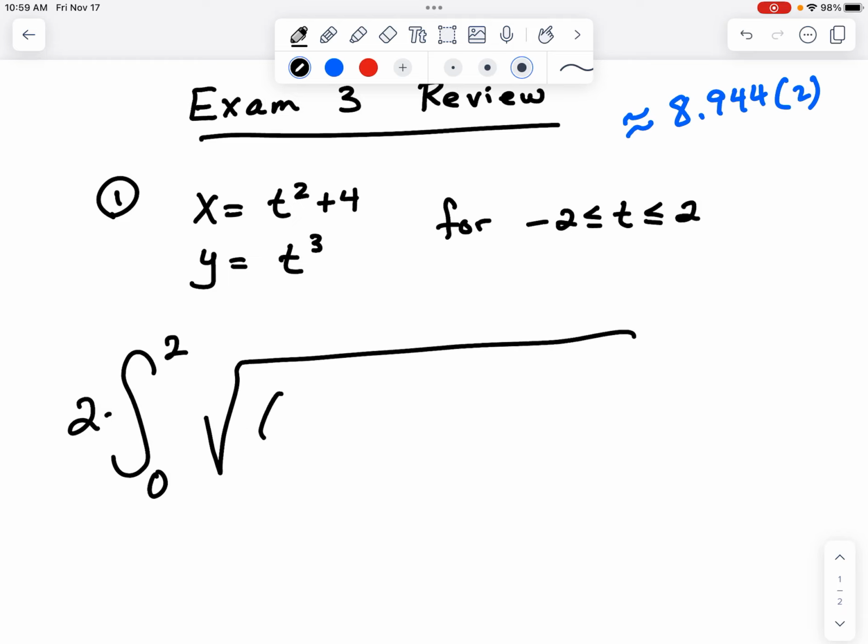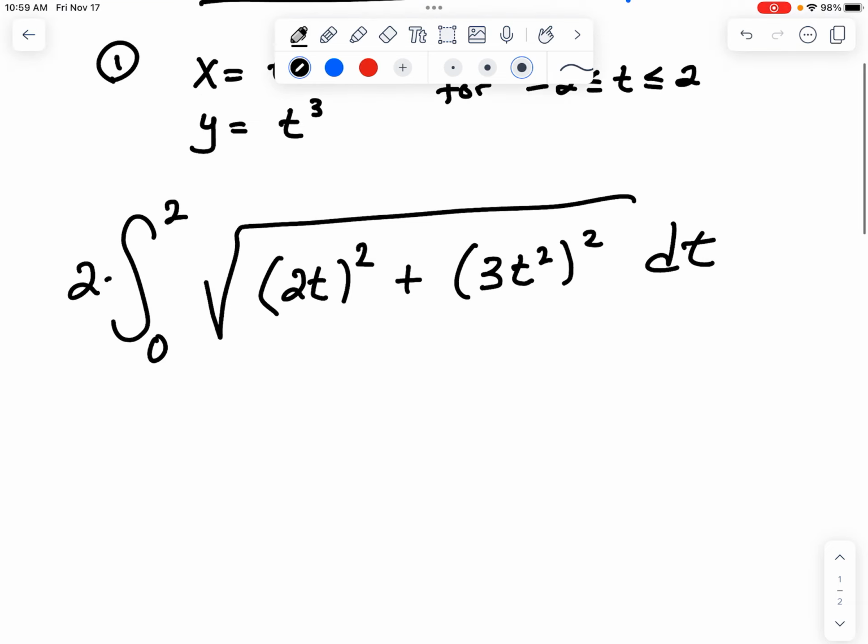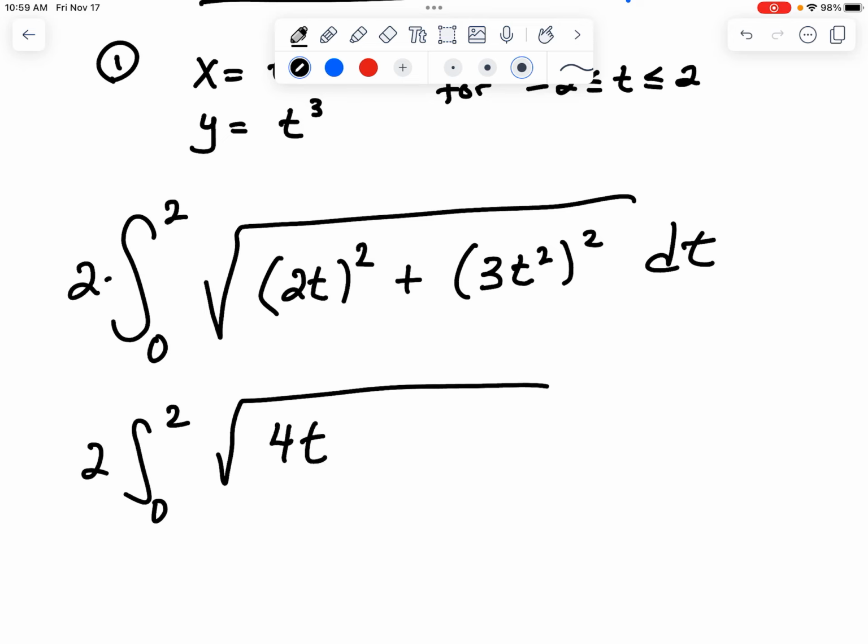You take the derivative of x, so that's going to be 2t, and that gets squared. You take the derivative of the y, that's going to be 3t squared, and then that gets squared. And then integrate with respect to t. So that is, inside of the square root, 4t squared plus 9t to the 4th.